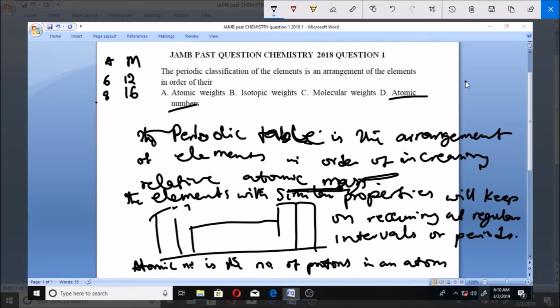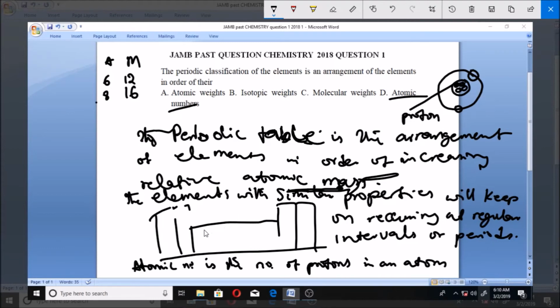So when you have an atom, it will have a nucleus, and inside this nucleus you have the protons as well as the neutrons. Then revolving around the nucleus are the electrons. So the number of these protons is known as the atomic number. You understand?